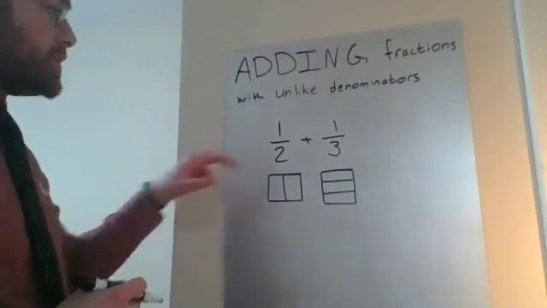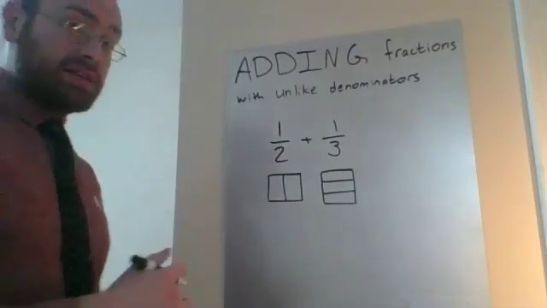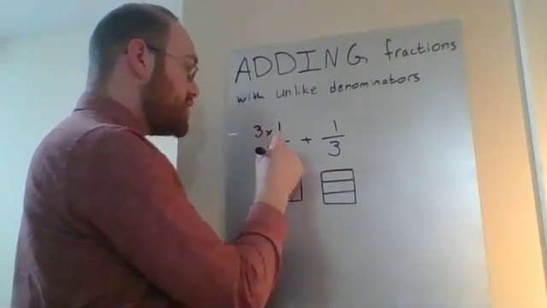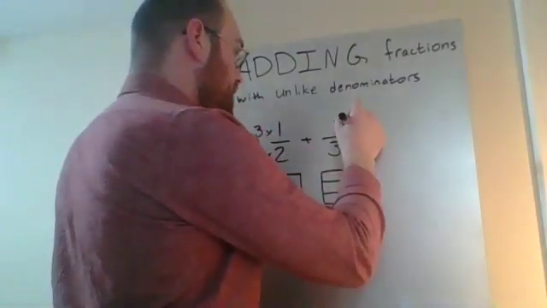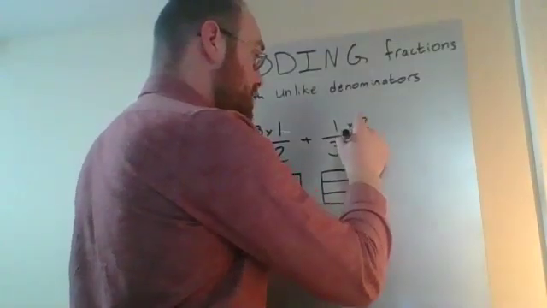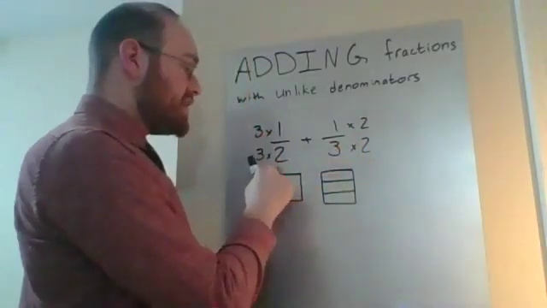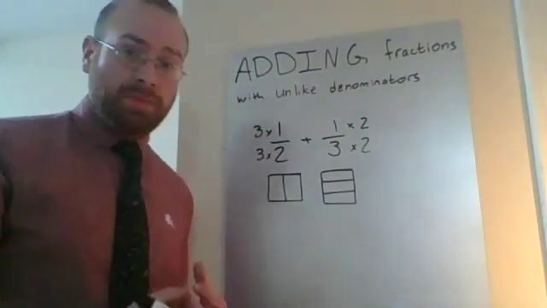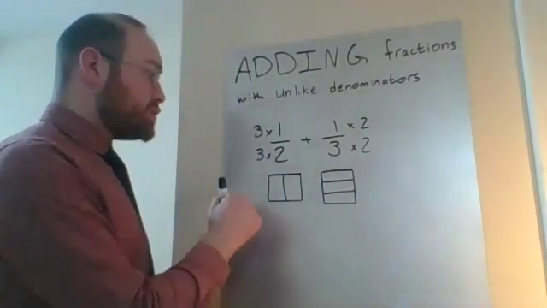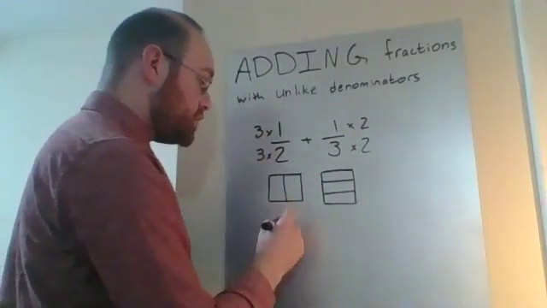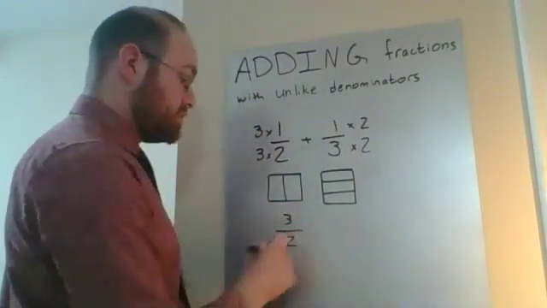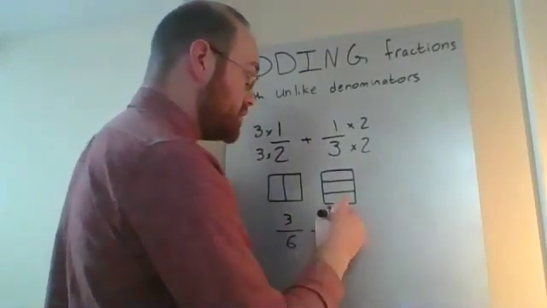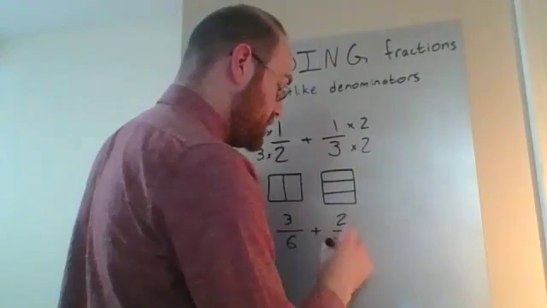If we look at the numbers, it would be nice if we could just multiply everything on the left fraction by 3 and everything on the right fraction by 2, because 3 times 2 is the same as 2 times 3. So that would give us a new common denominator. In fact, if we write it underneath, we would have 3 over 6 plus 2 over 6.